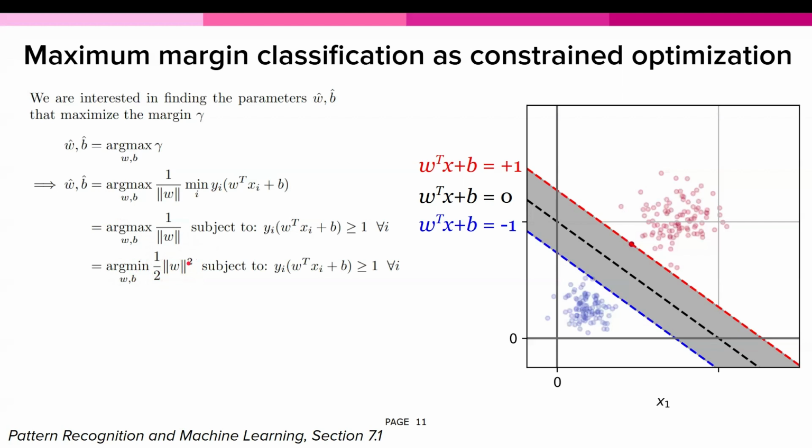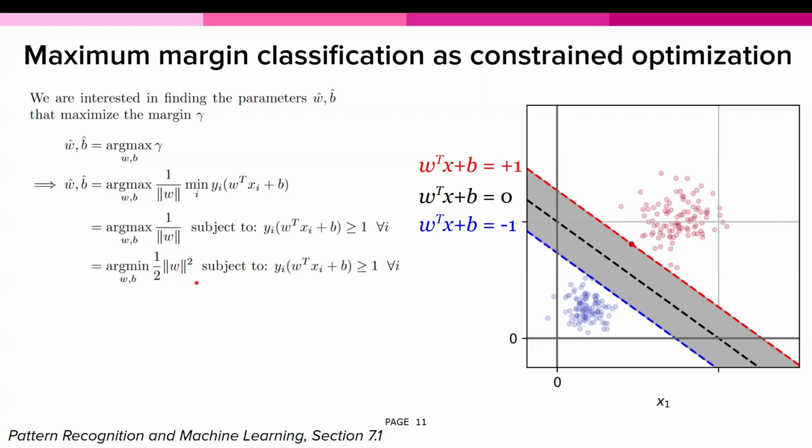We can do this because the squaring function is monotonically increasing for non-negative values, and the norm is always greater than or equal to 0. And because the half factor is just a scalar, this also doesn't change the location of any extremum. We do these things for later convenience.